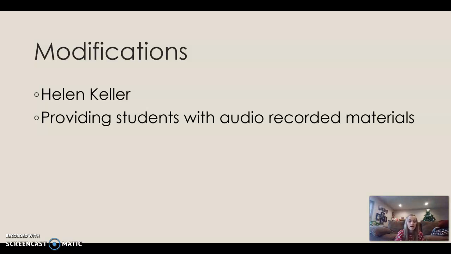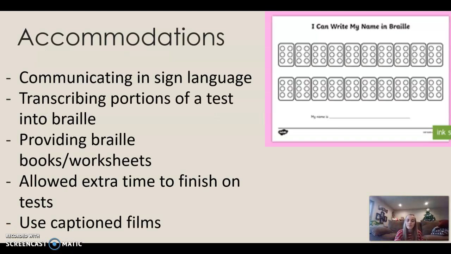And then there's more accommodations that I found than modifications for hearing and vision. Some accommodations are communicating in sign language, which obviously if there's an interpreter present, or even just learning the basic sign language for students in your class, I think that's super important. Transcribing portions of a test for a student into Braille, or providing Braille books and worksheets.